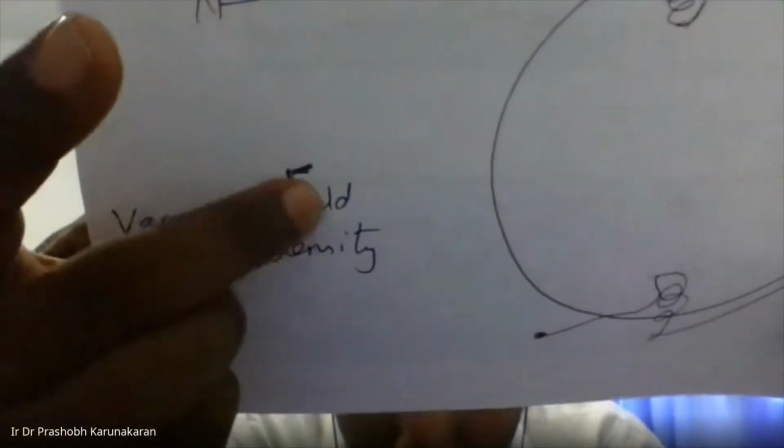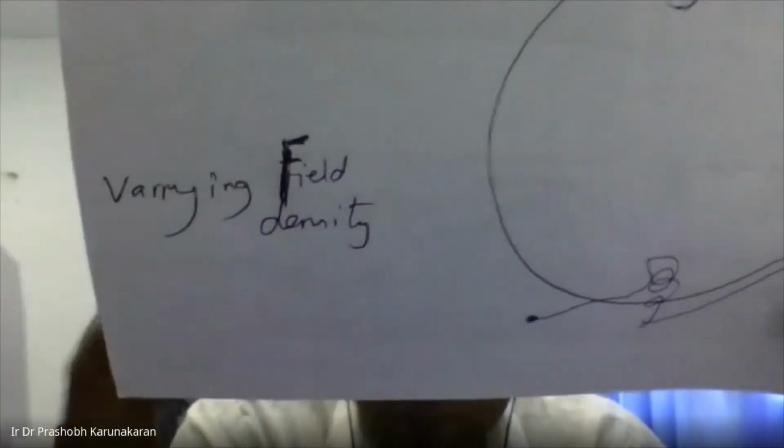So what I did in my book, I put varying field with capital F density.